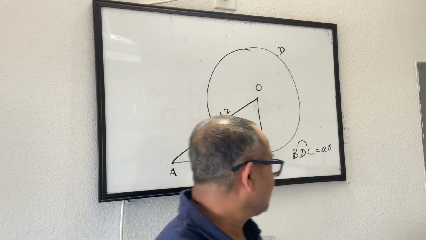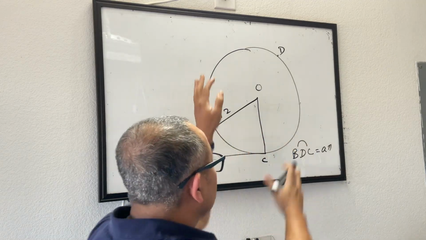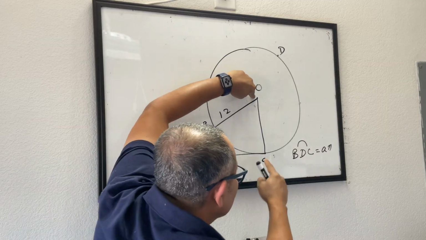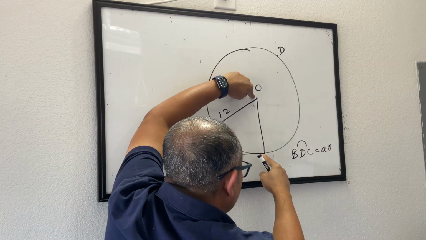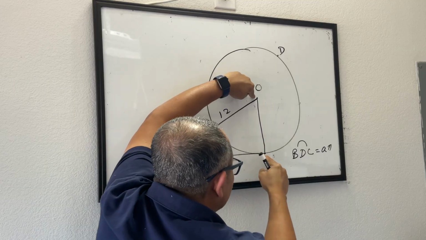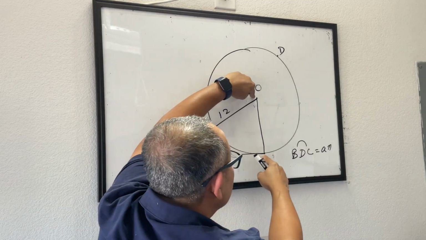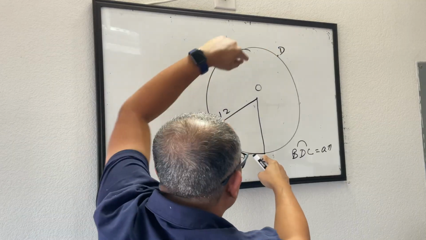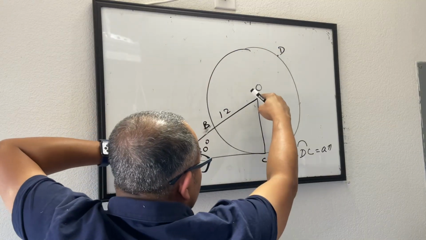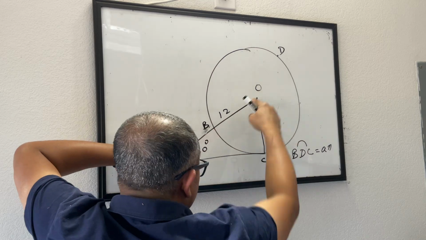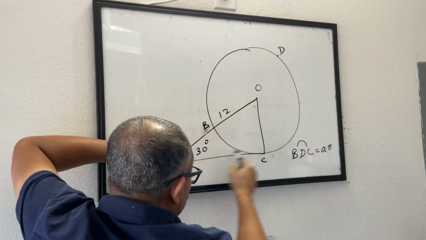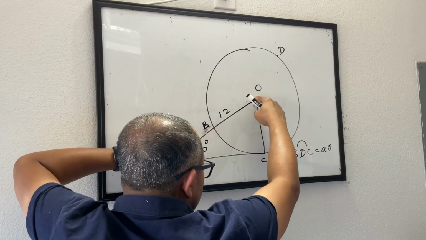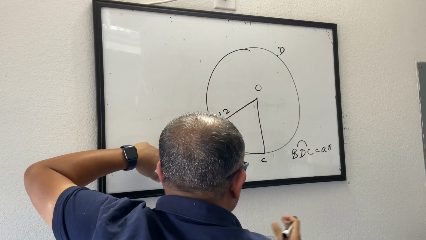Okay, so this is the circle. I'm just reading the question for you guys. The question says, O is the center of the circle. We have taken a point C, and this line AC is a tangent at the point C. B and D are other points on the perimeter. And then you are joining O with A, such that this whole length is given as 12 units, be it centimeter, inches, I don't care right now.